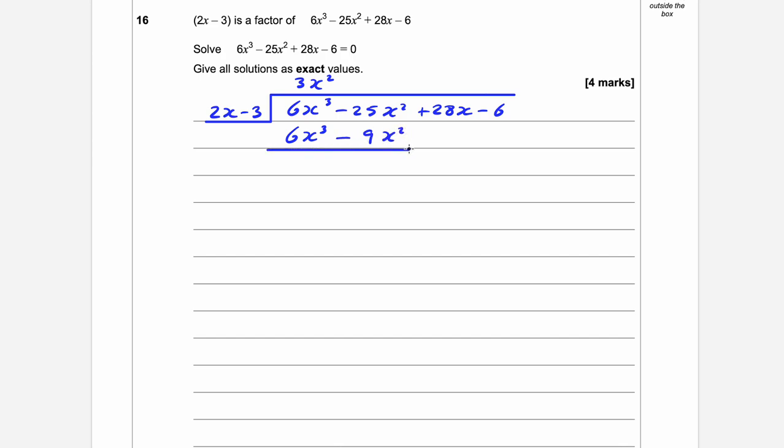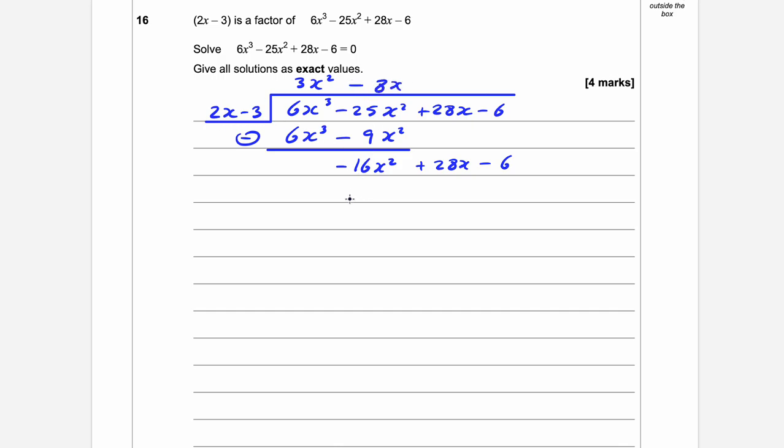I then put a line underneath it, and I subtract. This minus this is 0. This minus negative 9 will be plus, so minus 25 plus 9 is minus 16, so it's minus 16x squared. Bring this down, plus 28x minus 6. 2x into this goes minus 8x.